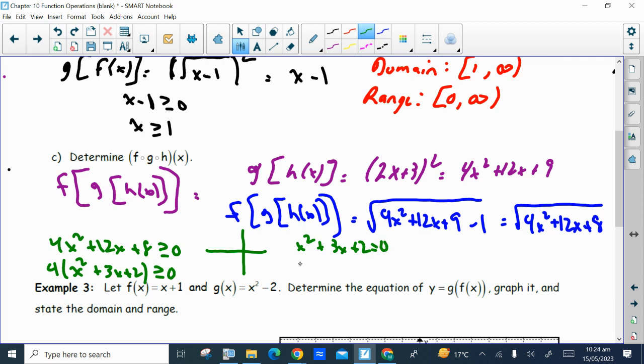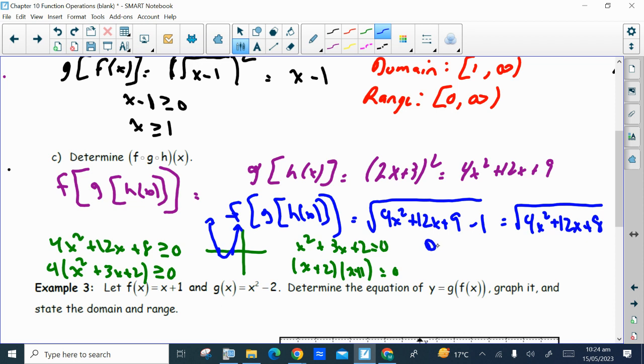That tells us our x-intercepts where y is 0. The factors there are x plus 2 and x plus 1, which means that this quadratic has x-intercepts at -2 and -1. This quadratic opens upwards because the initial term is positive. Again, we want to know where this quadratic is greater than or equal to 0, meaning above or on the x-axis. That would be where x is less than or equal to -2, or greater than or equal to -1.